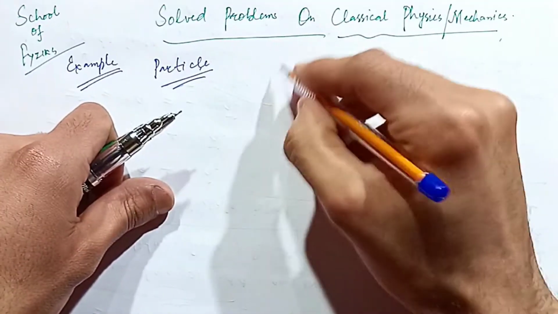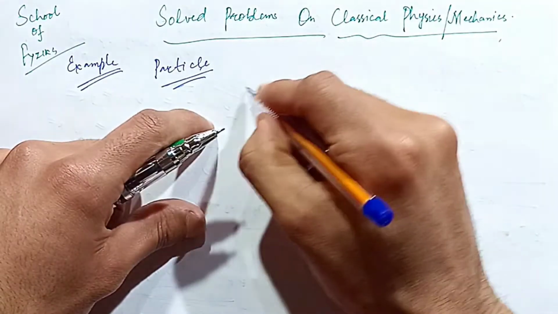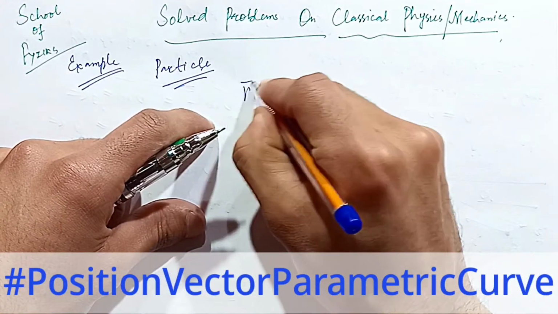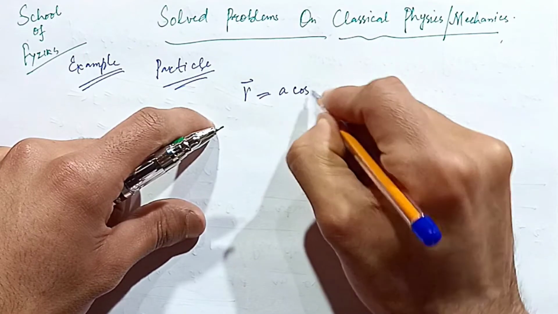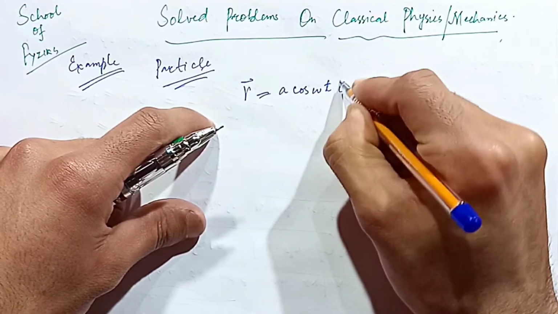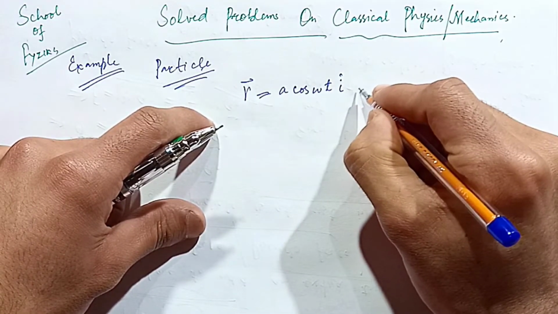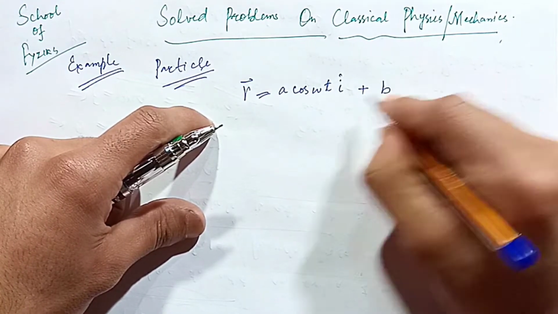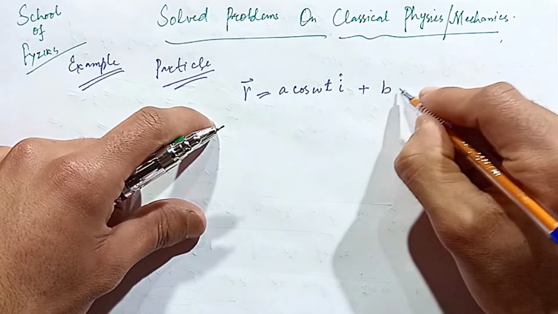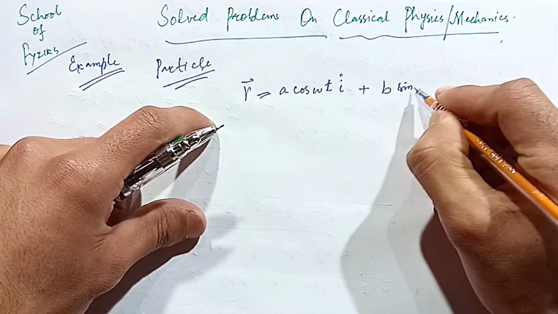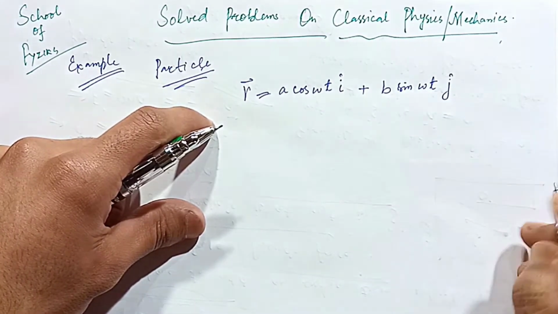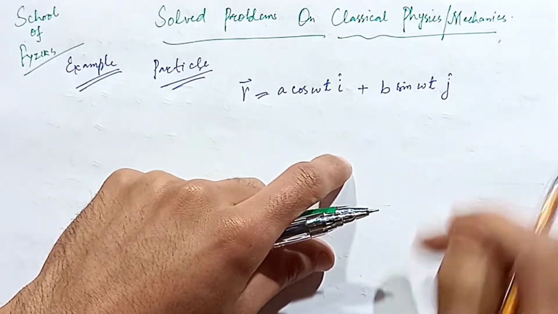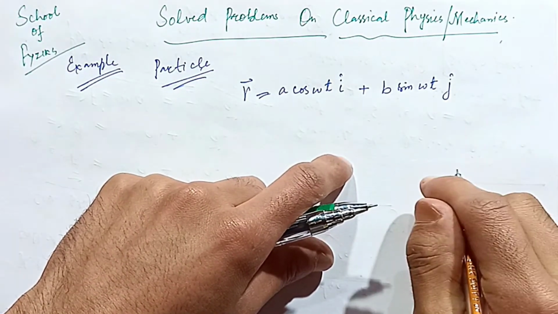moving along a parametric curve given as R equal to a cosine of omega t along the x-axis, i hat, this is the unit vector along the x-axis, plus b sine of omega t along the y-axis, that is j hat, the unit vector along the y-axis.